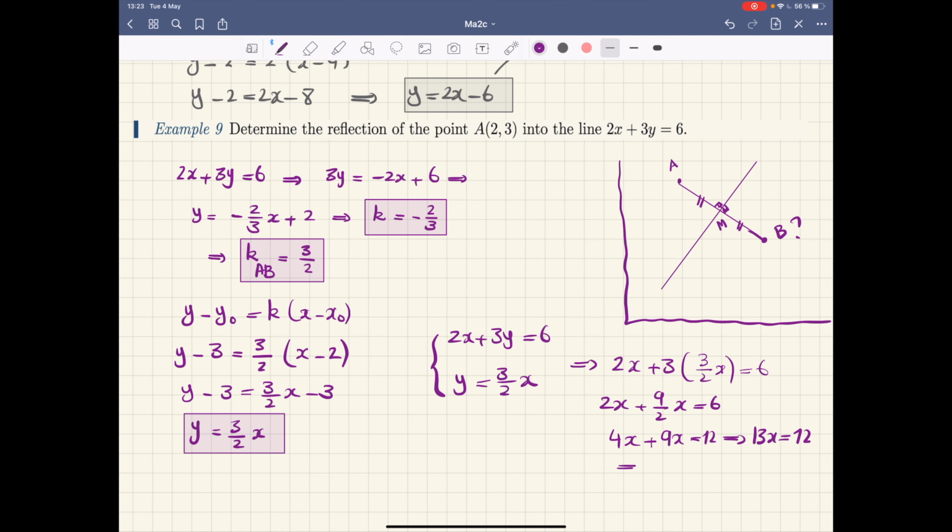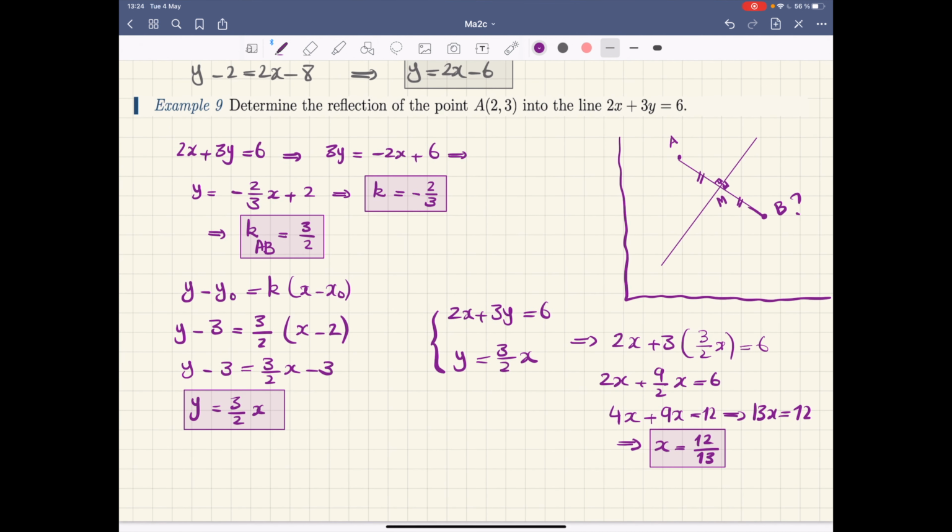Let me please check my calculations, because it wouldn't be fun if we make mistakes and then in GeoGebra it doesn't work. Okay, so this is the x coordinate. And then what is the y coordinate? When I found this, I put it back into this equation, and I find the y coordinate. So the y coordinate is 3 over 2 times 12 over 13. What's the answer? It's 18 over 13.